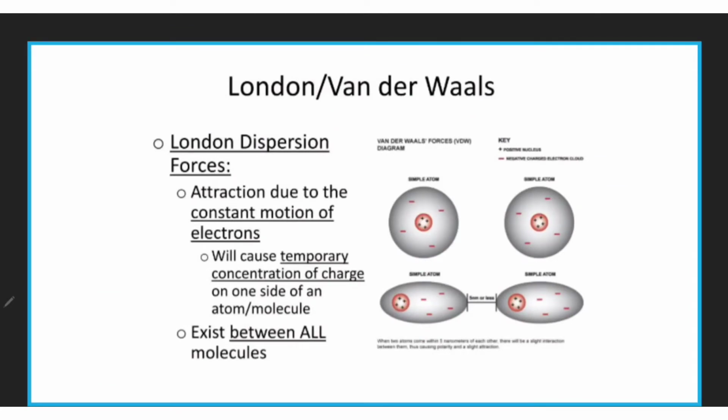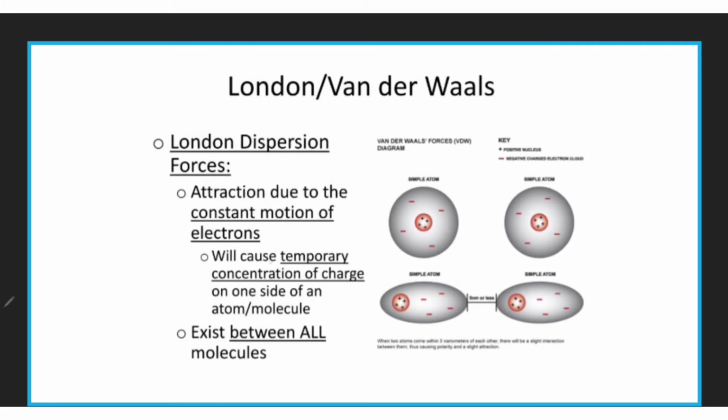So London or van der Waals, we can say London dispersion forces. That's attraction due to the constant motion of electrons. As we know, the electrons in atoms do not remain stuck, but they are moving.